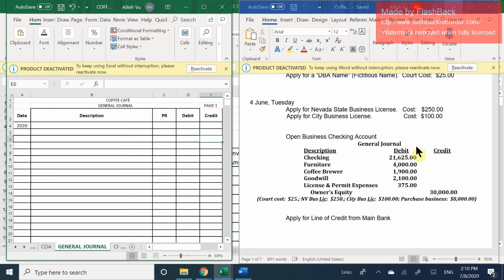All right. So on June 4th, you may now journalize this transaction. Okay. So on June 4th, now we can go ahead and say June 4th.